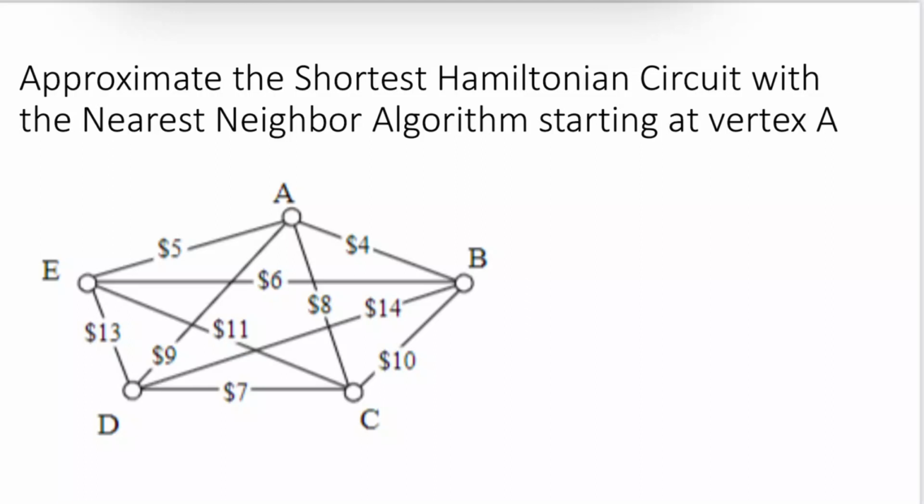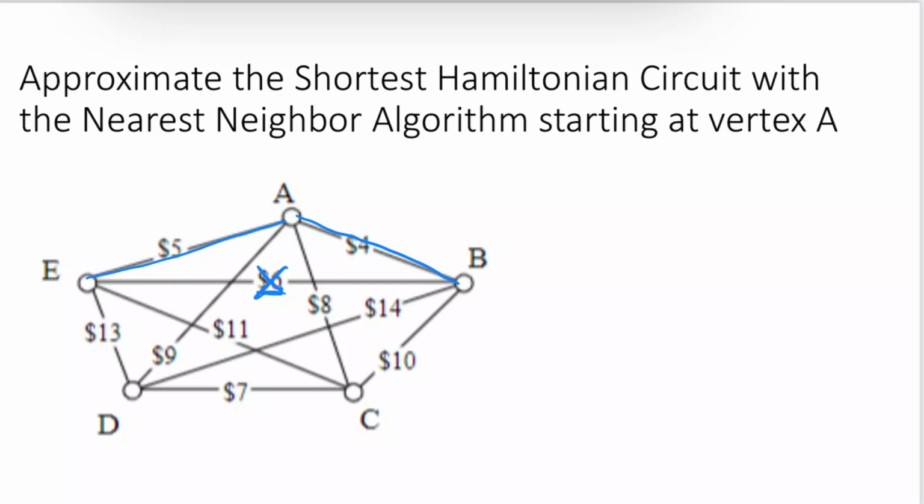All right, so on this one, it looks like my cheapest edge is this one right here. Then my next cheapest edge is this one. Then if I use the 6 edge, because that's the next cheapest one, that would close my circuit before I've included all of the vertices. So I'm not going to use that one.